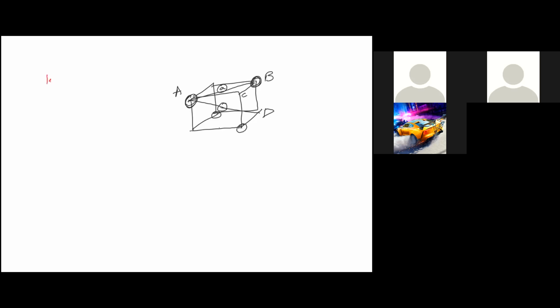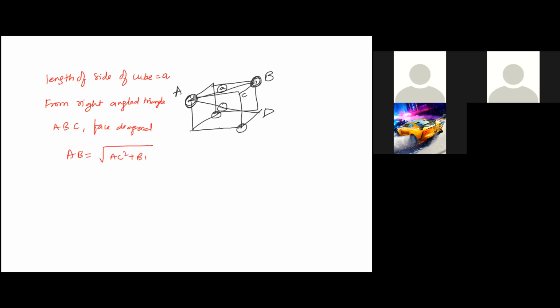Let us take the length of the side of the cube as a. So from the right-angled triangle ABC, the face diagonal AB is equal to root over AC square plus BC square, which is root over a square plus a square, equal to root 2 a.